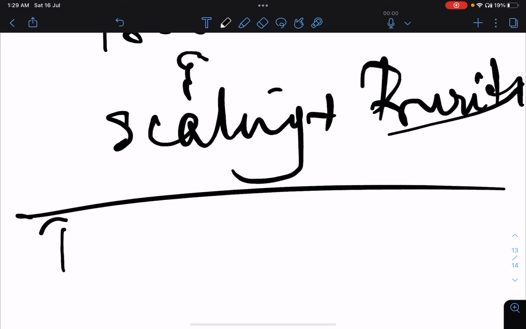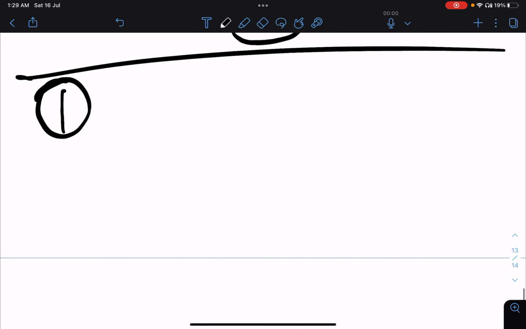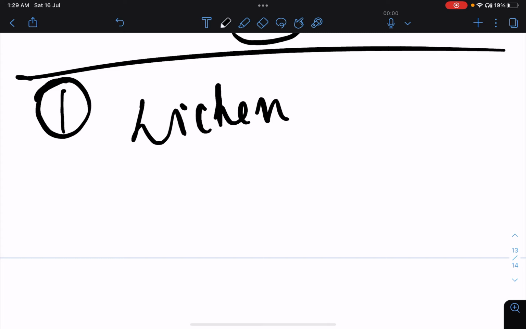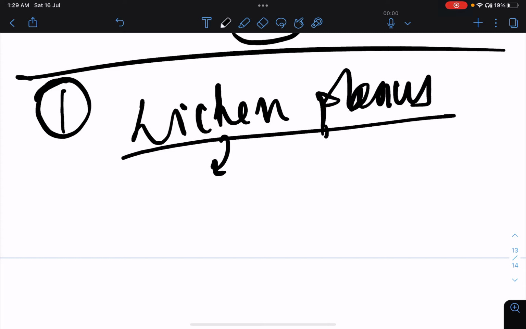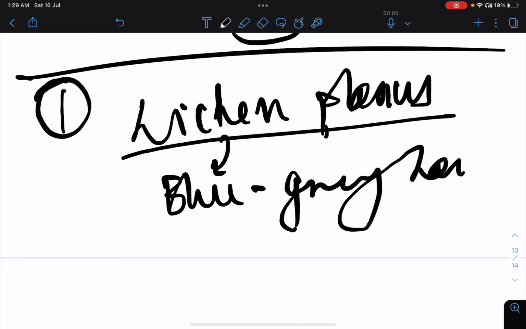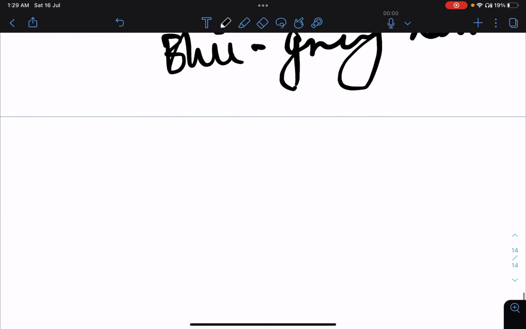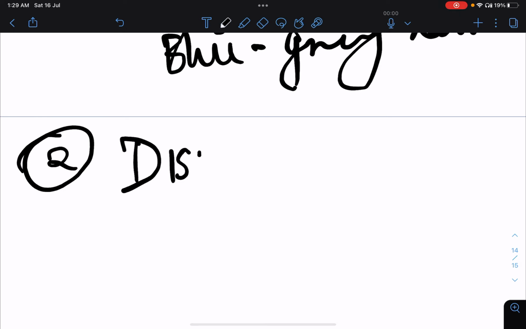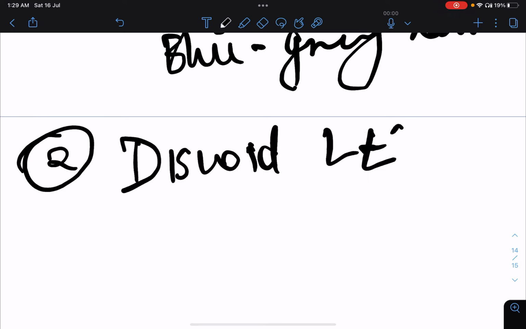Now, I just want to name a few disorders where it can be seen. It could be seen in lichen planus. Lichen planus is a papulosquamous disorder, an inflammatory disorder, and there you see blue-gray hair. Second, you could have it in discoid lupus erythematosus, DLE, or disc-like SLE.